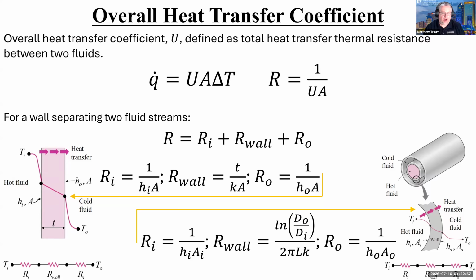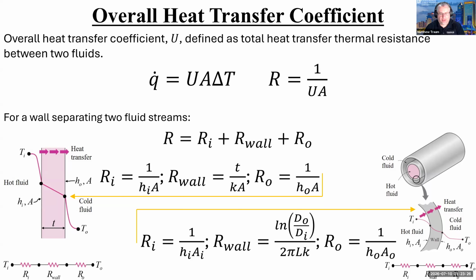So R, which is the equivalent resistance, is just R_I for inner plus R wall, which is the conduction through the wall, plus R outer, which is based on the convection coefficient for the wall. And so these are those terms, right? R sub I, inner resistance, is 1 over H_I A, so the convective heat transfer coefficient on this side of the wall.